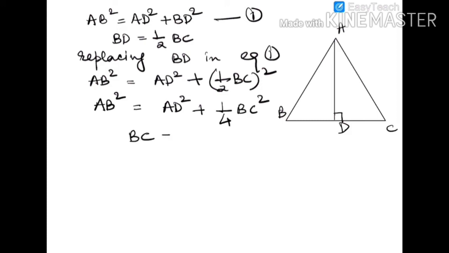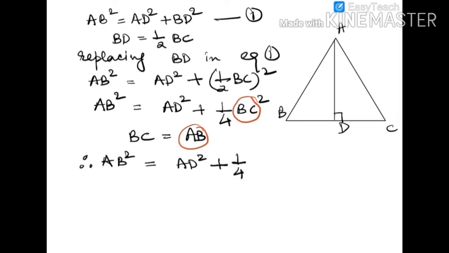But we know that BC is equal to AB. So we are going to replace this BC by AB. So we get AB square equal to AD square plus 1 by 4 AB square. Now let's take 1 by 4 AB square to the left side so that we can add the like terms.